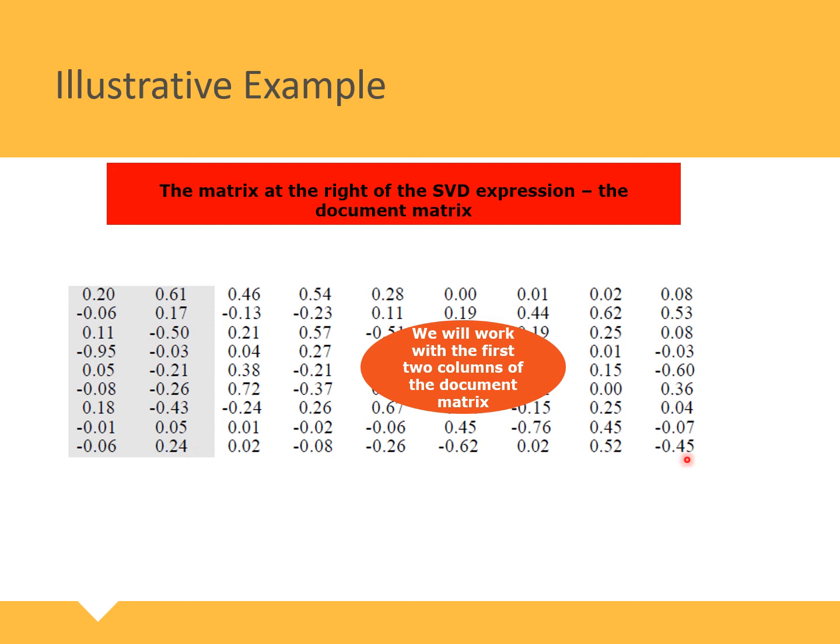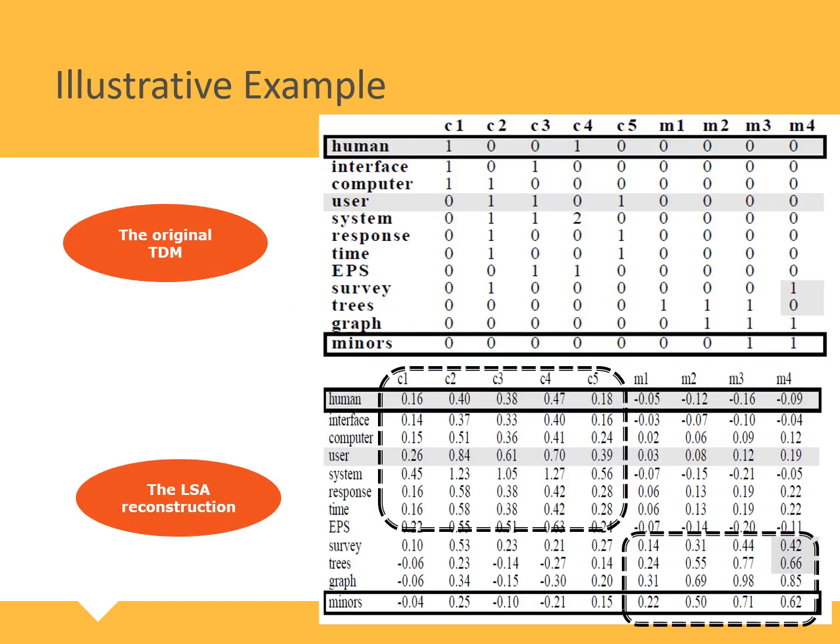So with this setup, wherein we are looking at the first two columns of the term matrix, which is the matrix on the left, and the first two columns of the document matrix, which is the matrix on the far right, and by considering the top two singular values of the singular value matrix at the center, if we reconstruct the term document matrix, how does it look?